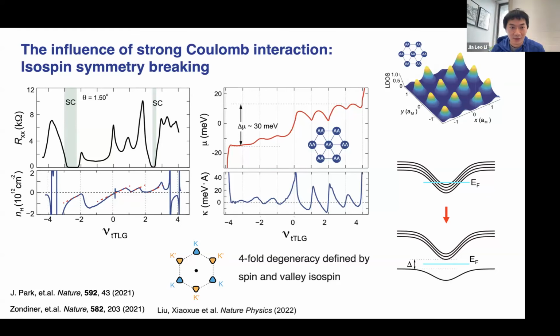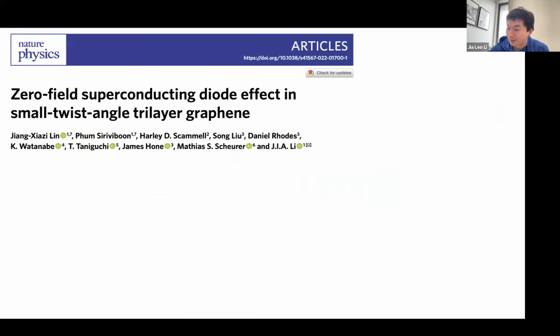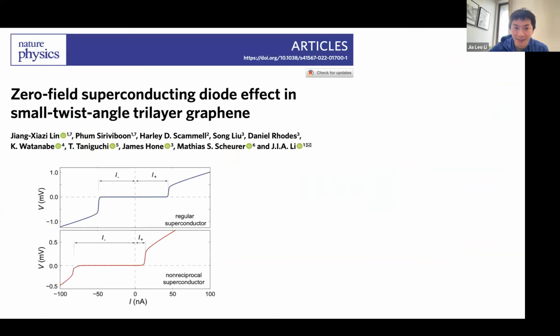So this is a fairly well understood phenomenon, that Coulomb interaction will drive spontaneous breaking of isospin symmetry, lifting the isospin degeneracy. There are different types of Coulomb-driven phenomena. Some are more exotic and less understood, for example, the zero-field superconducting diode effect. I believe I talked about that last time, right?